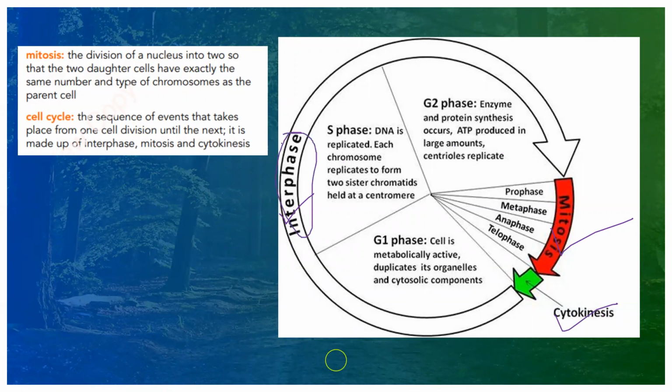Let's ignore everything else for now. Interphase, mitosis, and cytokinesis. Now, all we're going to do is go about what the words say. So mitosis, let me tell you, means that one cell is going to divide into two, just like I told you. One cell dividing into two is mitosis.